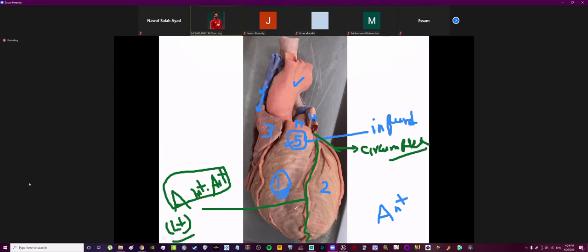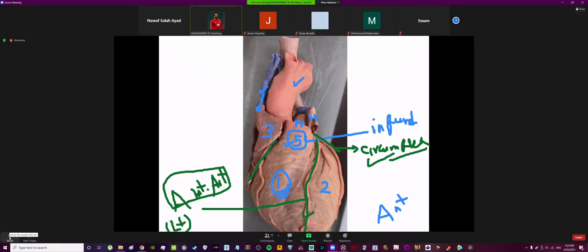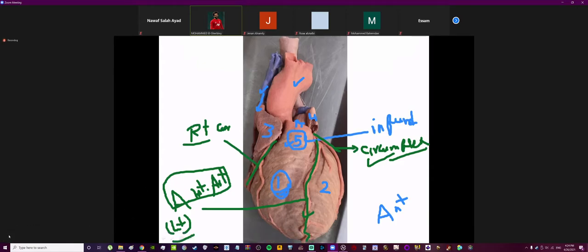The left coronary artery gives two terminal divisions: anterior interventricular and circumflex coronary. Identify this artery. Right coronary artery. Yes, right coronary, from the right side. It branches from the ascending aorta. Logic and very simple, like that.